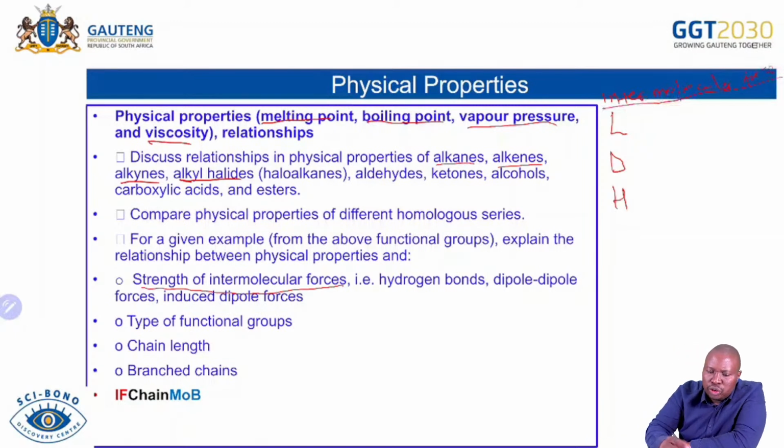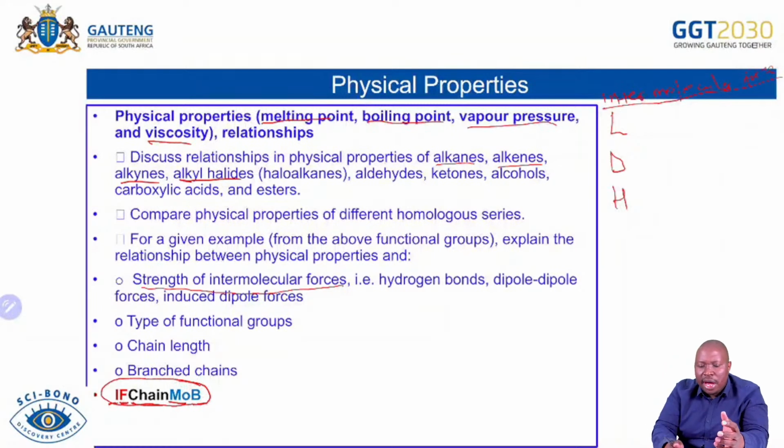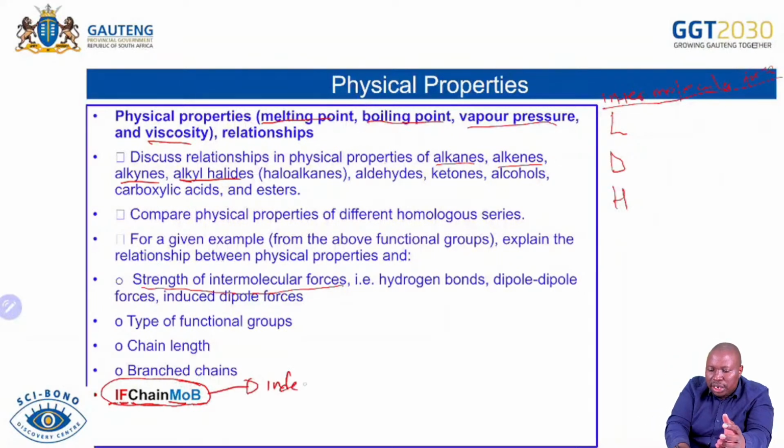Now, that's what we're going to do. And our focus here is we're going to look at the intermolecular force, our functional group, our chain length, our molecular mass, and our branch. And I always refer to this as that which we are changing. Look at question 3, look at physical properties as an experiment, where these are your independent variables that you are going to change during that experiment.